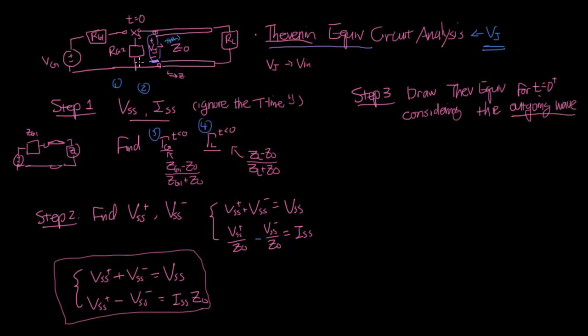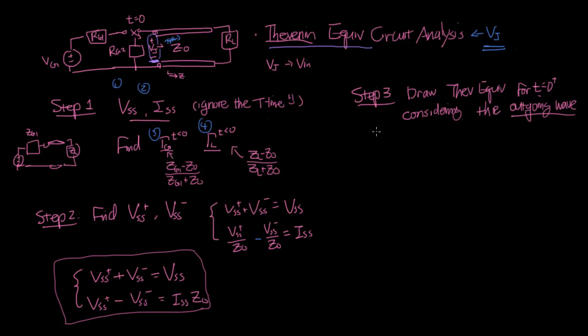By outgoing, what I mean is if we're on the generator side, the outgoing wave is going to be V minus, the wave coming out of the transmission line. If we're on the load end, then the outgoing wave would be V plus. So again, the direction that's coming out of the transmission line.